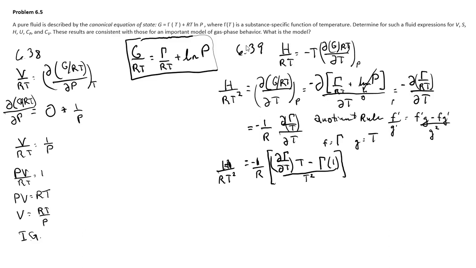So what can we do? Well, we can now start to simplify. We can cancel the R's. The T squares cancel, and so what we're left with is H is equal to, now remember we've got this minus sign, so minus a minus, this will be gamma, which in your book is used as a function of T, and then minus, because this is minus a positive, minus T times d gamma dT.